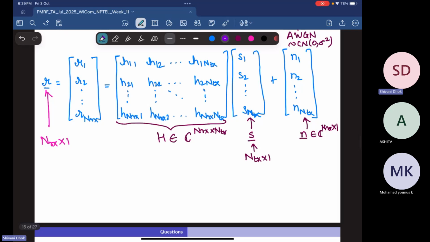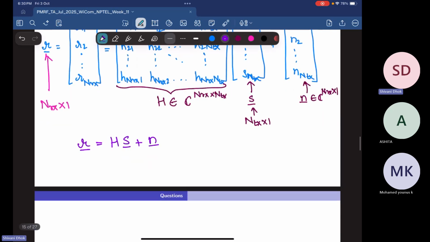So the receive equation for a MIMO channel is given by the vector R. It is a vector matrix relation: R equals HS plus N.